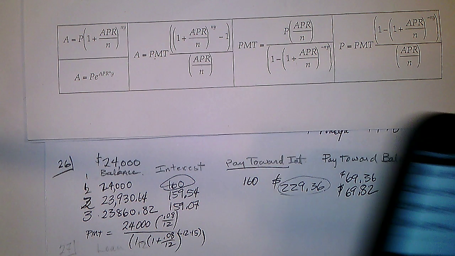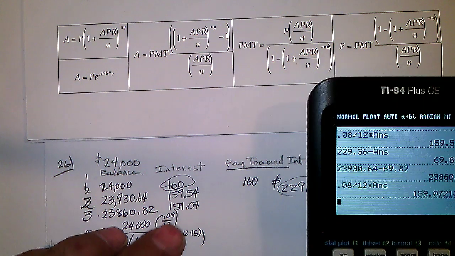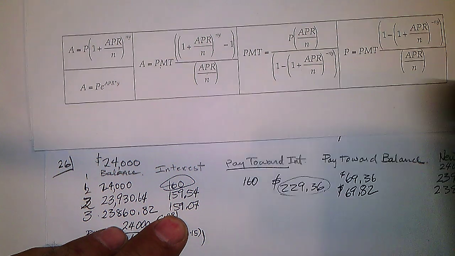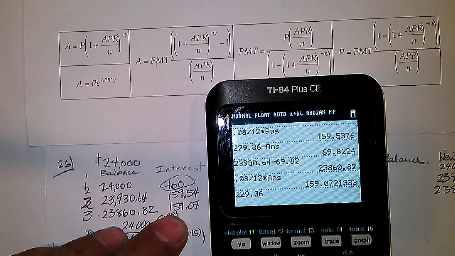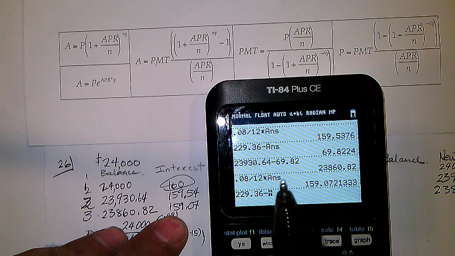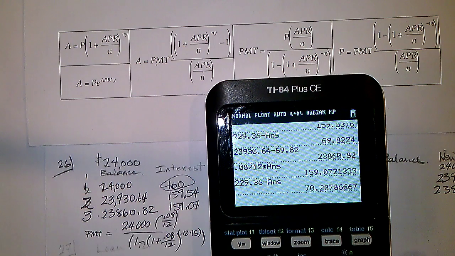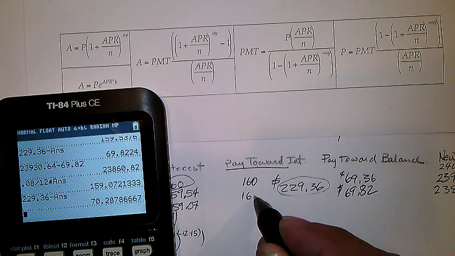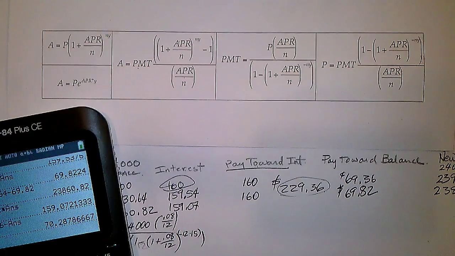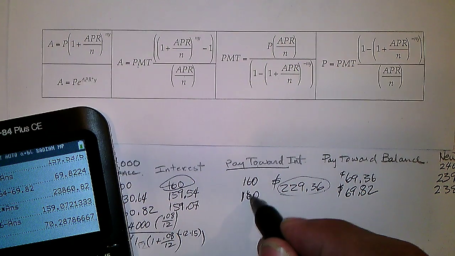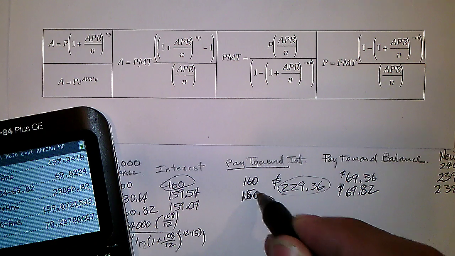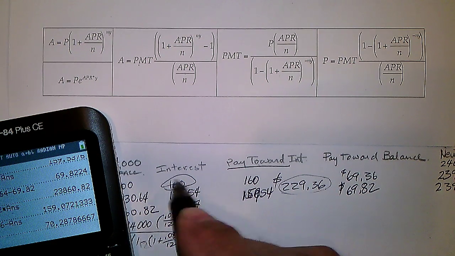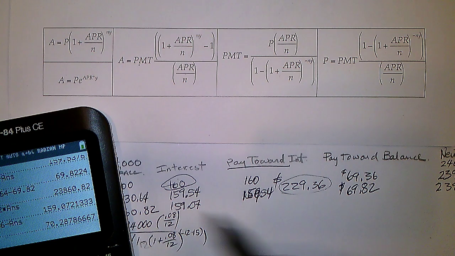So I would take that away from the payment, 229.36, minus this new answer, and I get payment towards interest is 159.07. We pay the interest every time.